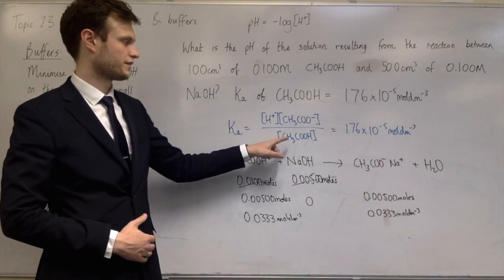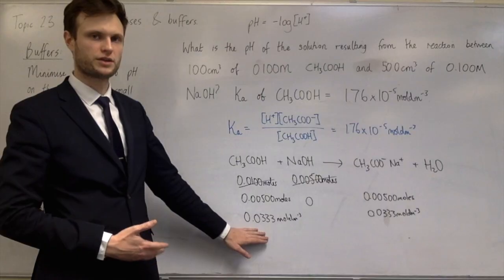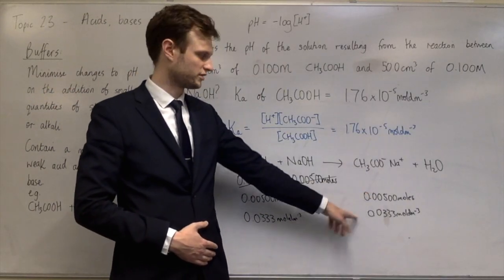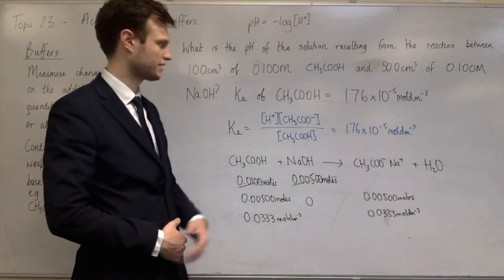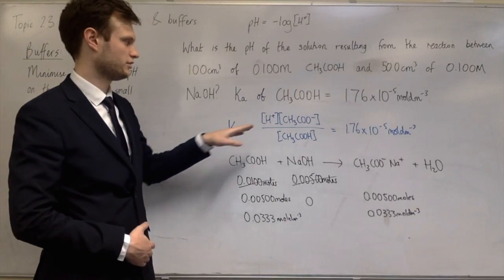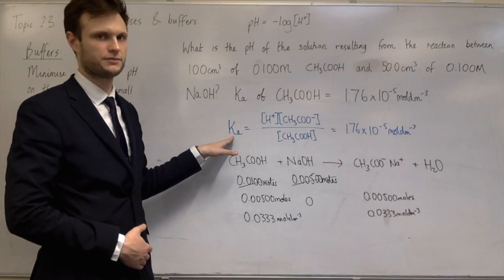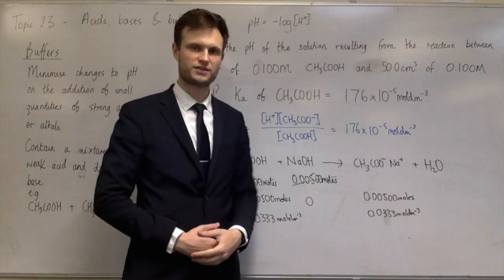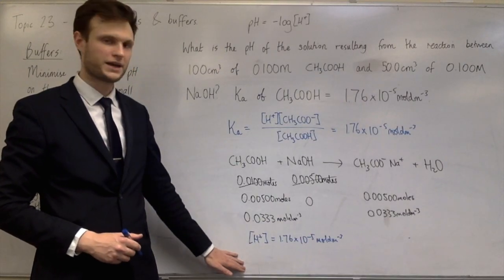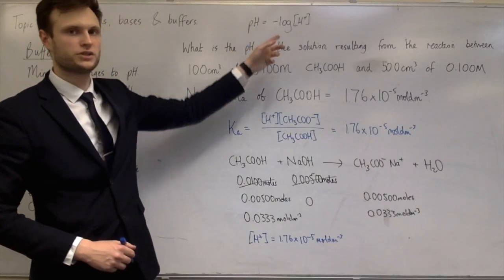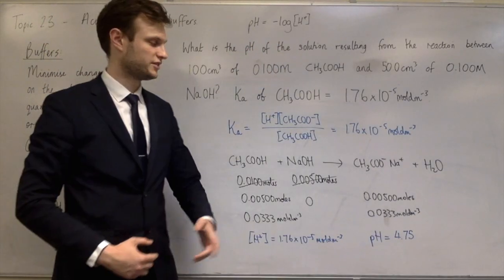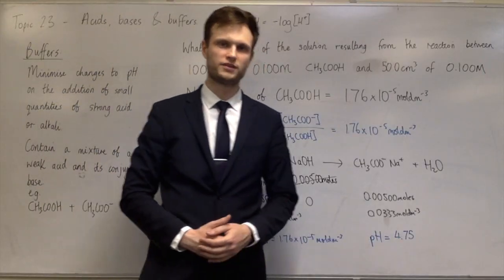So the concentration of ethanoic acid is 0.0333, the concentration of ethanoate is 0.0333, so they're the same and cancel each other out, which leaves us with H plus concentration being equal to Ka, and that is 1.76 times 10 to the power of minus 5. Therefore, we can calculate the pH by using this equation, so pH is minus log of that answer. And to three significant figures, that is a pH of 4.75.